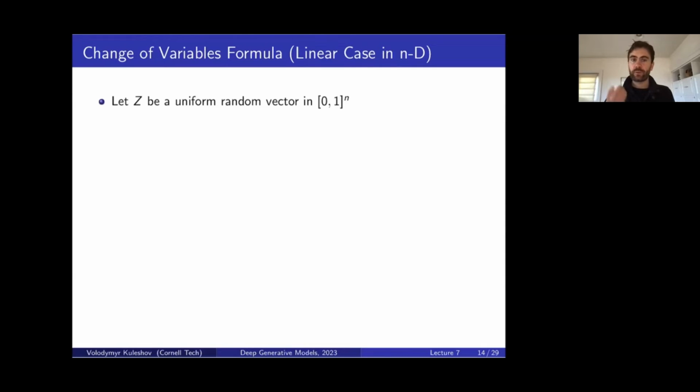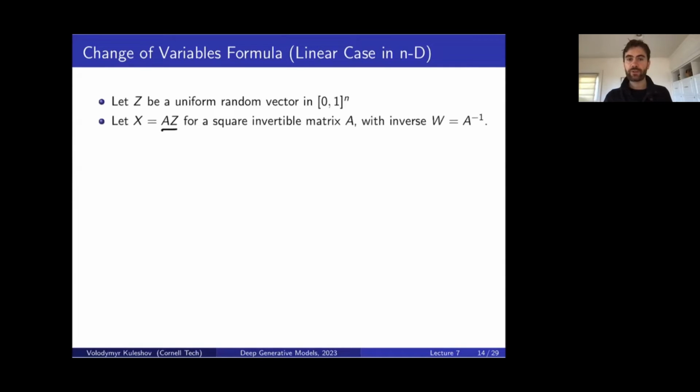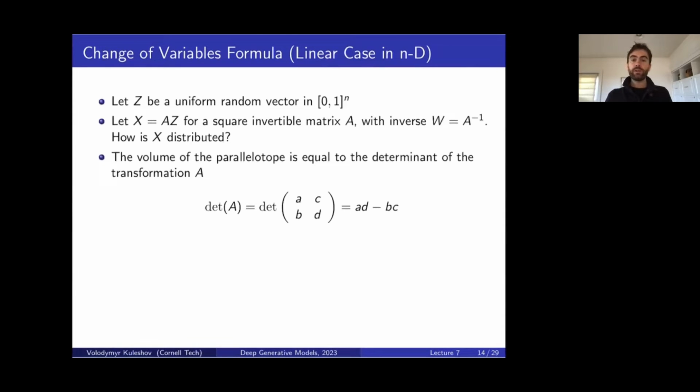First, let's again start with a uniform random vector Z and a linear mapping in a higher dimensional space, which is given to us by an invertible matrix A. A here is a matrix. We're performing a linear transformation of Z into X. So what would be the density of X? Well, we know that because Z is uniform, X also has to be uniform.